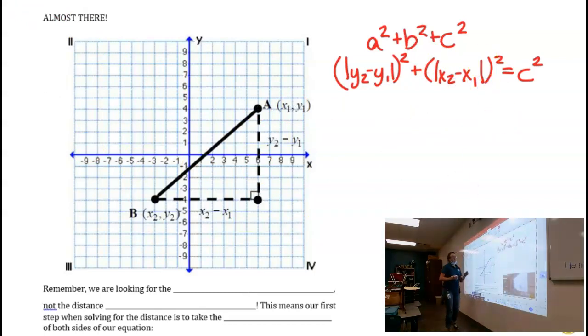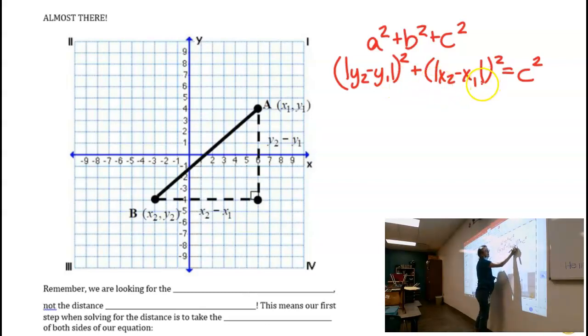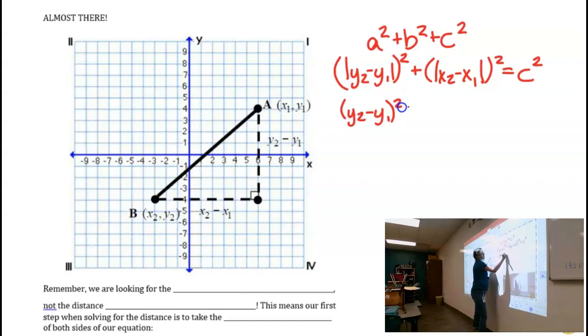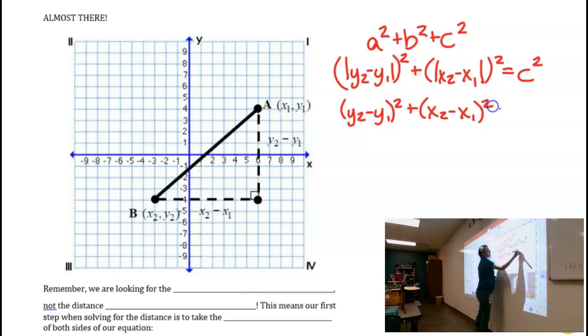Now, remember that absolute value means you take the positive value, but if you're squaring this quantity, you're going to get a positive value anyway. So these absolute value symbols right here are actually pretty redundant. So we're going to write that y2 minus y1 squared plus x2 minus x1 squared equals c squared.